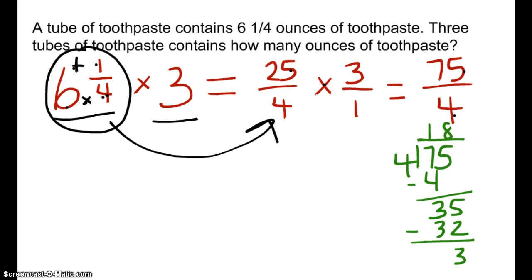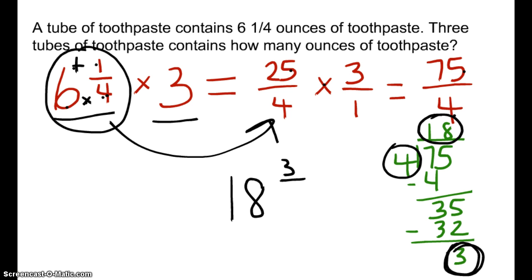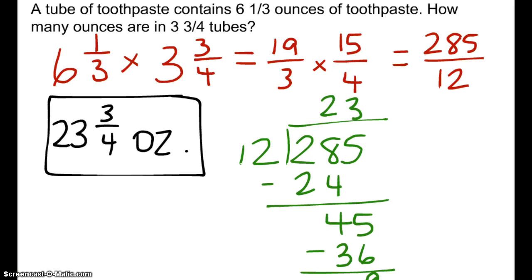And when we do that, we get 18 with 3 remaining. Now, there have been a lot of questions. Your whole number is 18. Your remaining pieces out of the total number of pieces. So 18 3/4.